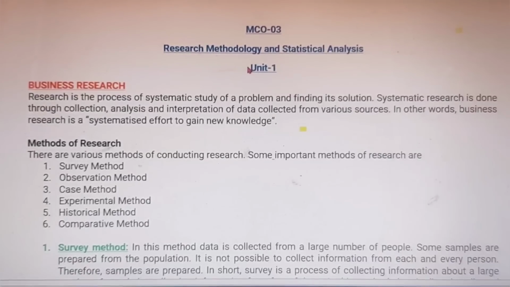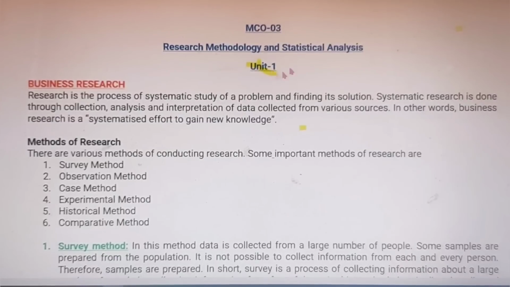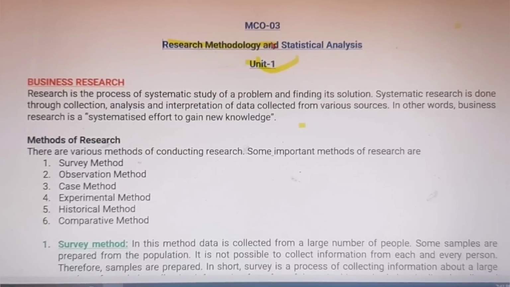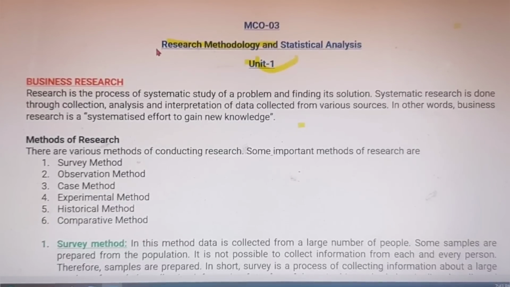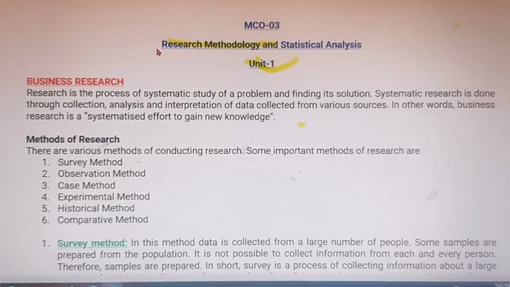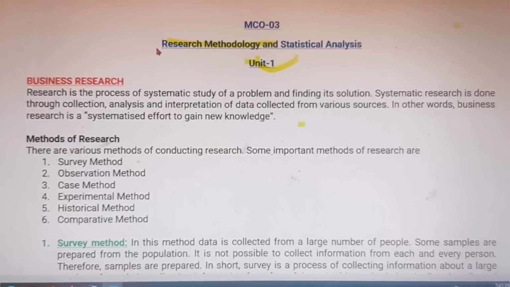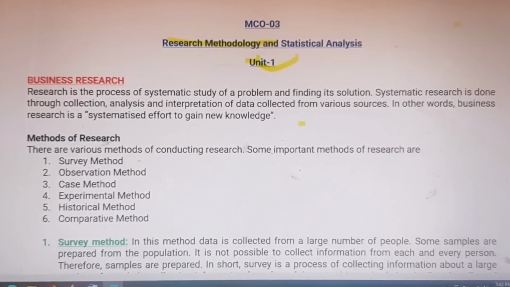Now this is unit 1, and unit 1 is all about research methodology and statistical analysis. IGNOU always targets the first chapter, and you are likely to get one question from unit 1 in every exam. So let's try to find out what the important topics are here.